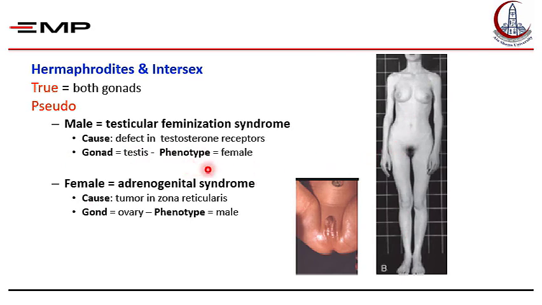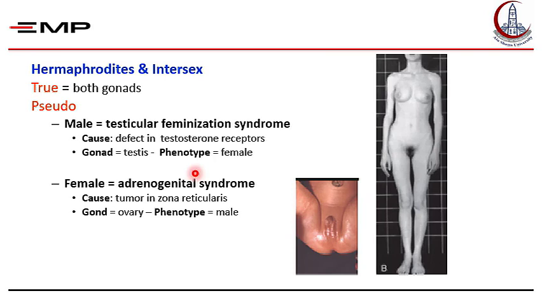The phenotype and external genitalia and everything else looks like a female. This person may live until puberty or after without knowing, thinking that she is a female. However, there is no menstruation, because there is no secondary sexual character. There is no genital duct system, no uterus. There is a rudimentary vagina, but the external appearance is like a female.